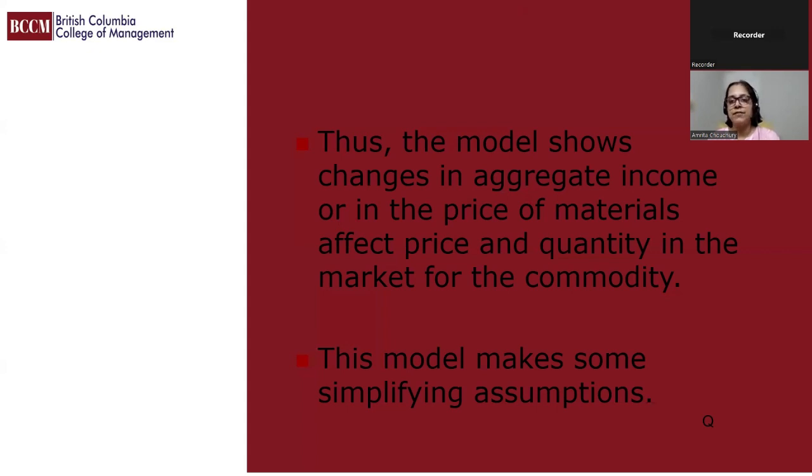So the larger the size of the family, the greater the consumption expenditure, and obviously the smaller the size of the family, the smaller the consumption expenditure. Age distribution of the family, that is, families having a greater number of aged people and children, will have higher consumption expenditures. So the size of the family, the age distribution, and the place of residence of the family also have an impact on consumption expenditure apart from income.